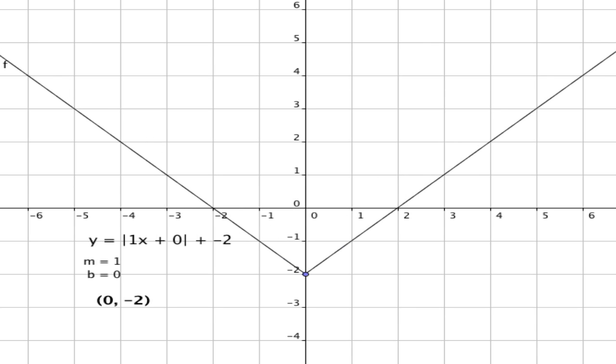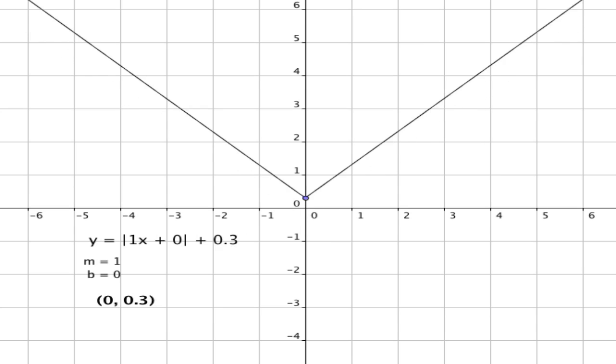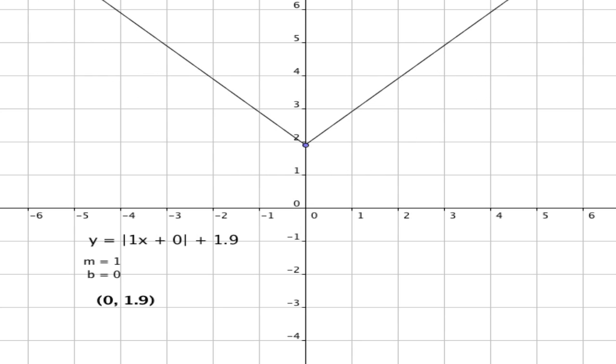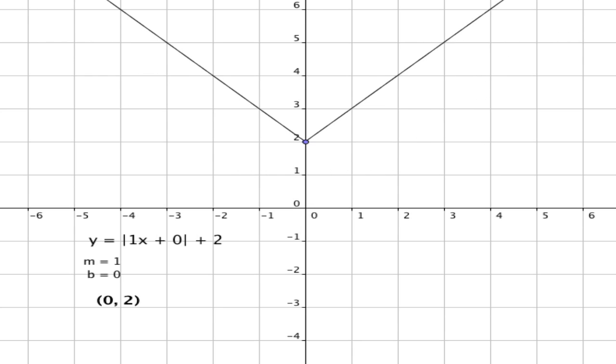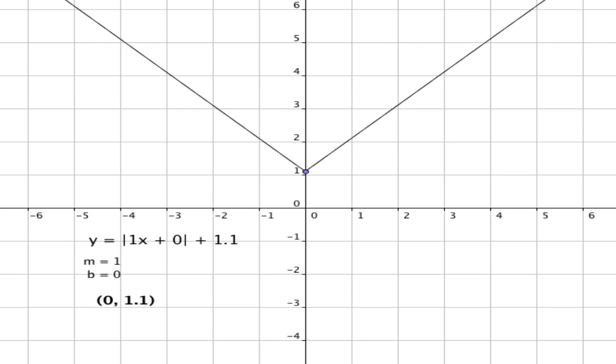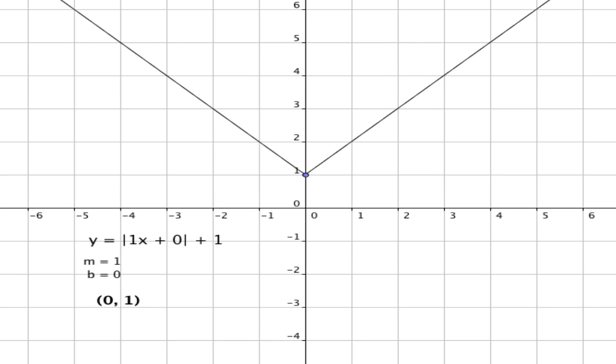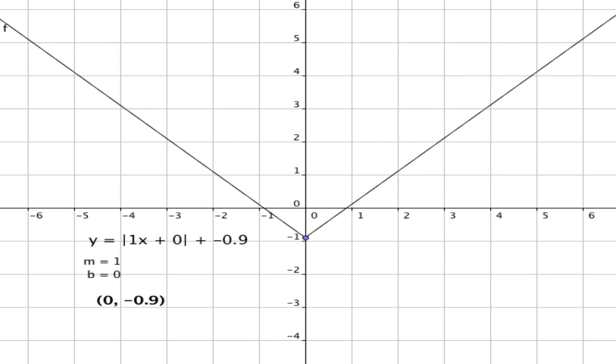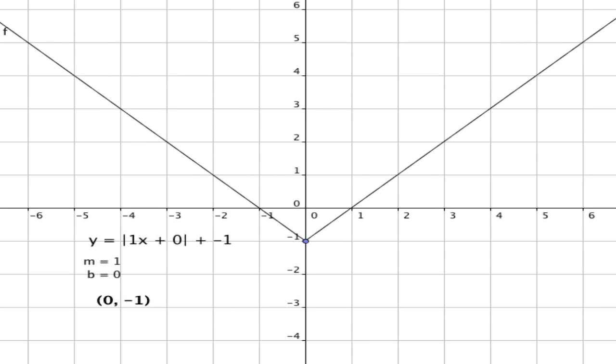Well, we can look at the absolute value part of it. That's what it was before. But what we're basically doing is just making this add-on onto y. So when everything inside the absolute value comes out to 0, we add this 2 on. Now y is 2 more than that. When the absolute value comes out to be 0 here, now we add a negative 1, and so the vertex is at negative 1.